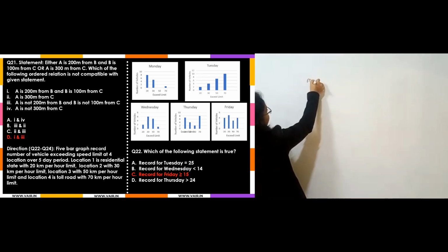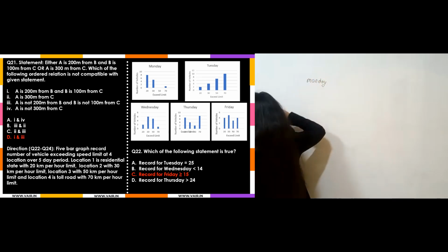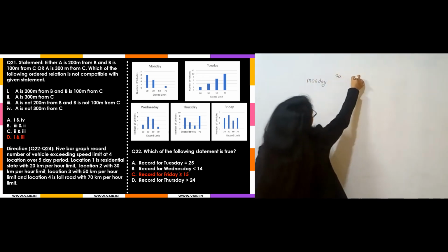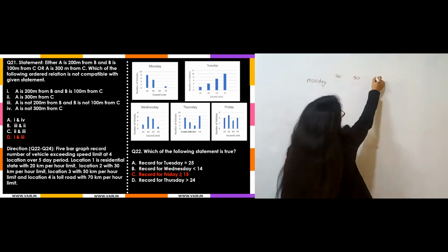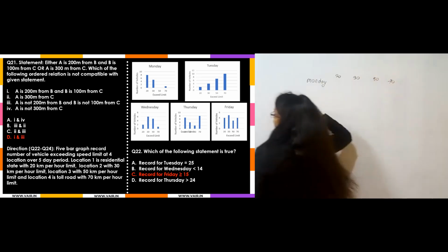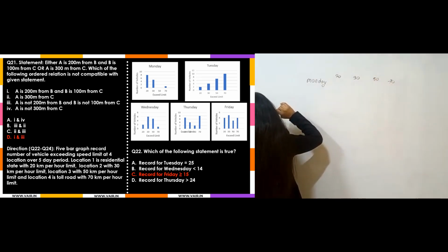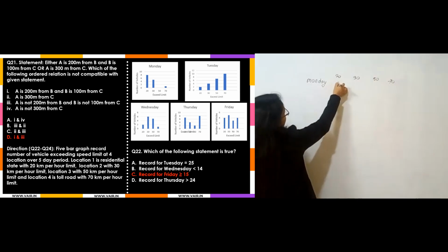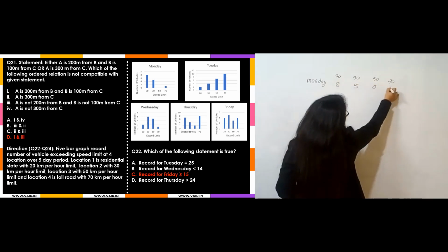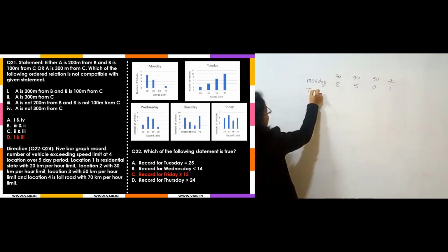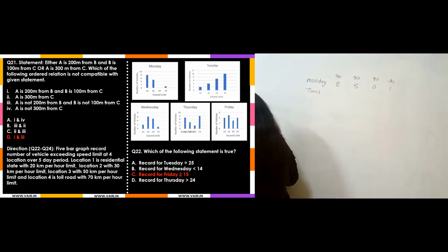So you can see on the Monday, we are writing with the 20, 30, 50 and 70. On Monday, how many vehicles are there? 8, 5, 0, 1. These have crossed their limits. Then on the Tuesday, 2, 4, 7, 10.